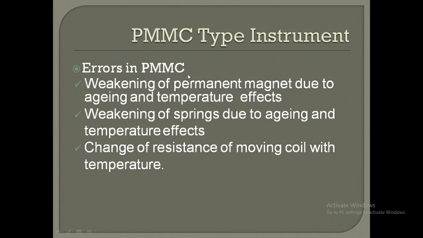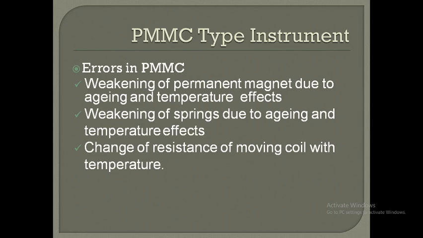What are the errors in PMMC? There can be weakening of permanent magnets due to aging and temperature effects, which can cause error in the instrument.